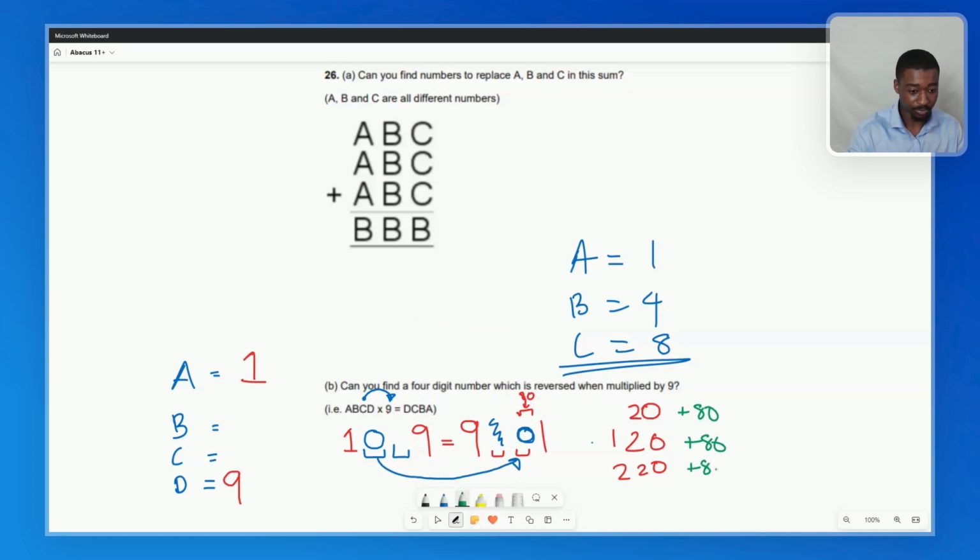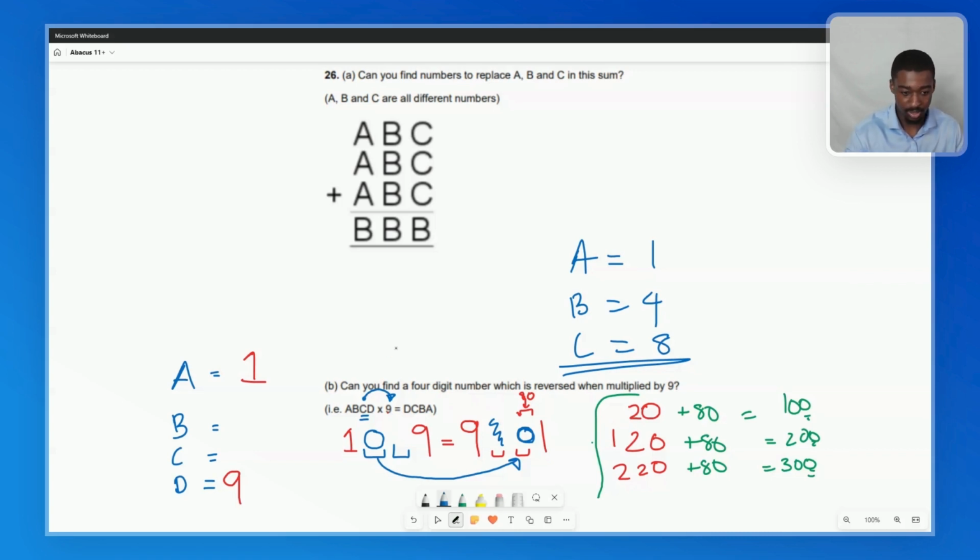will give us numbers that have the 0 we need right here, because we know this has to be 0. So now we're thinking 20, 120, 220, 320. What number must C be to give us a value that is something 20?